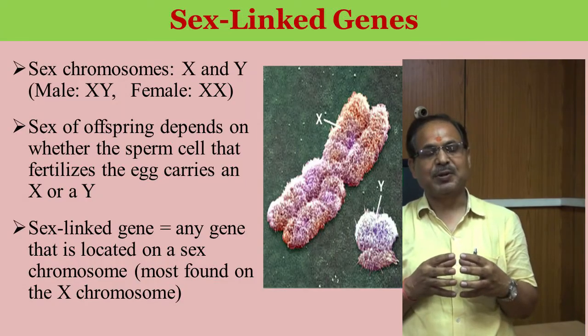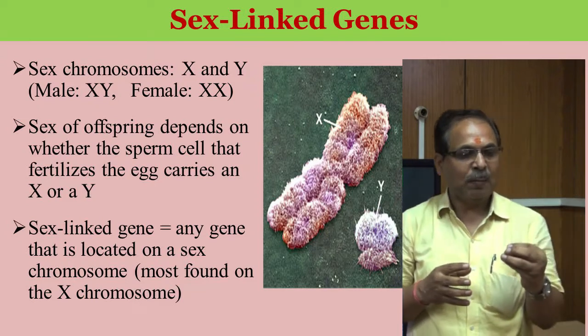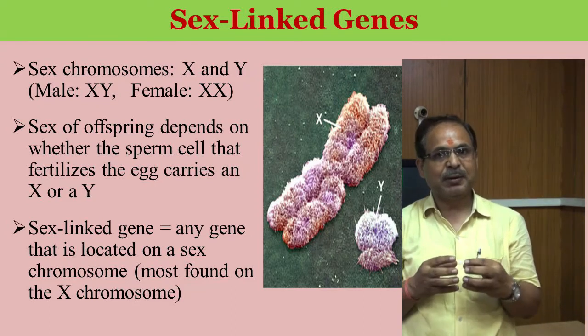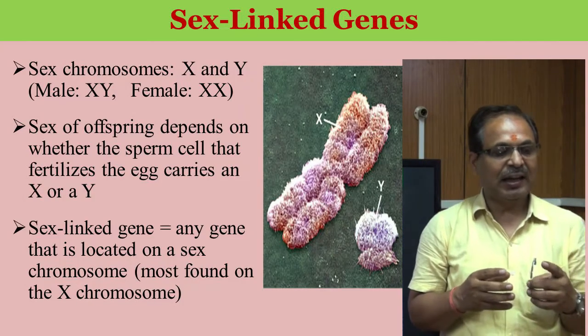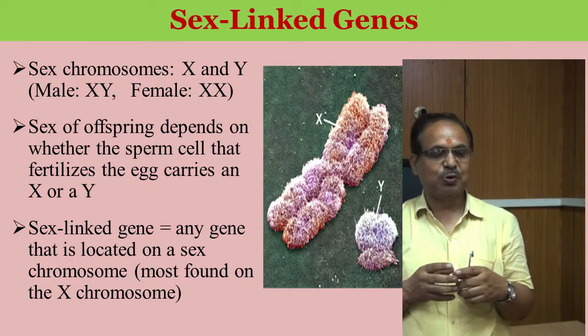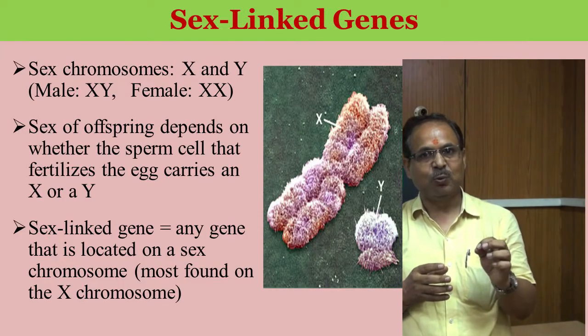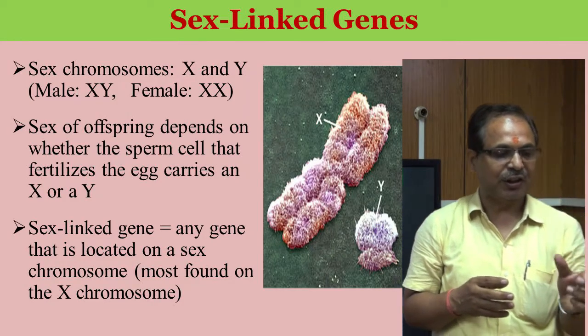Sex-linked genes are present on the X chromosome. The sex of the offspring depends on whether the sperm cell that fertilizes the egg carries an X or Y chromosome. It is essentially required, otherwise the offspring will not have any type of sex-linked expression or inheritance.